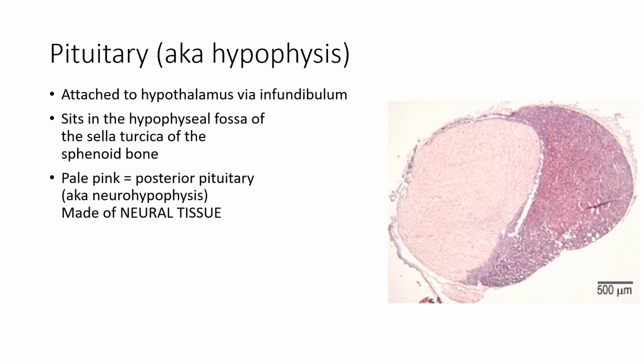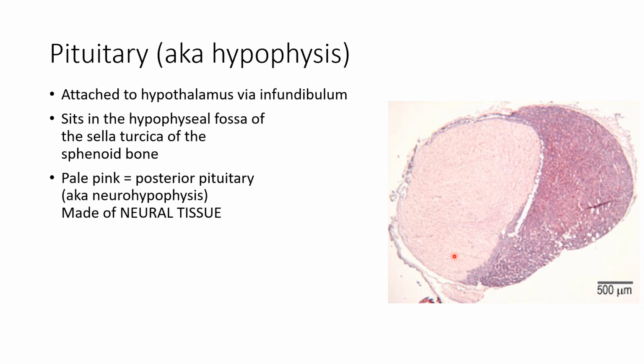So there are two regions of the pituitary. There's the anterior pituitary and the posterior pituitary. The posterior pituitary is also called the neurohypophysis because it is made of neural tissue. So this is the neurohypophysis. If you recall from histology, neural tissue is like paler pink.